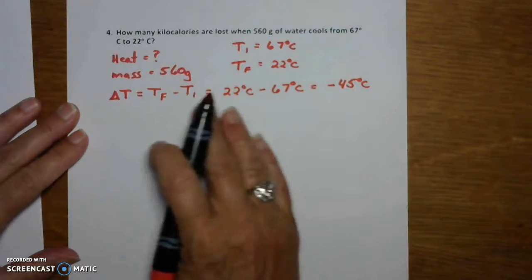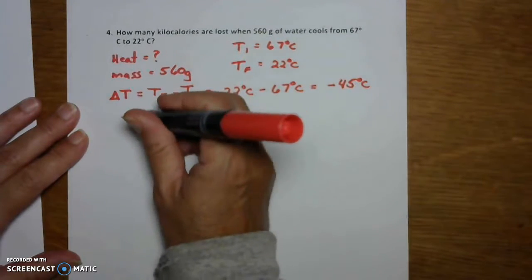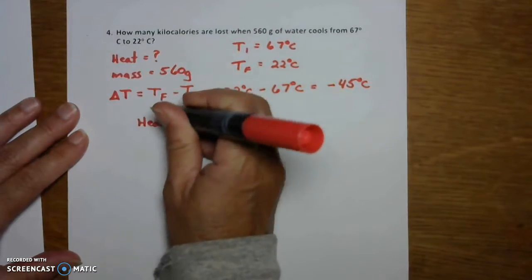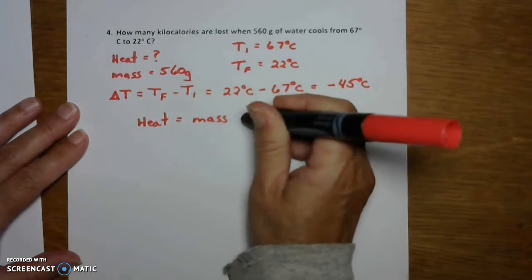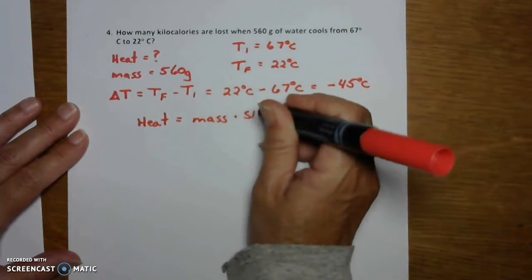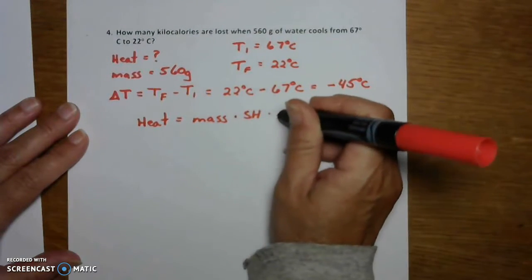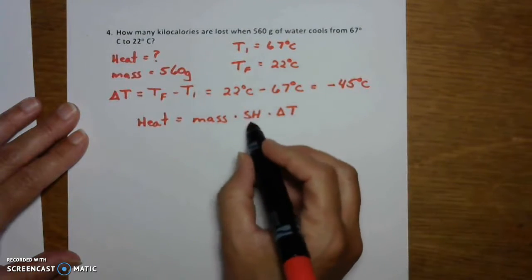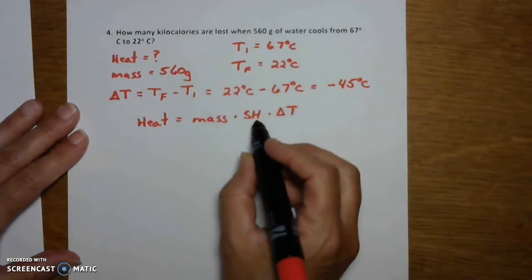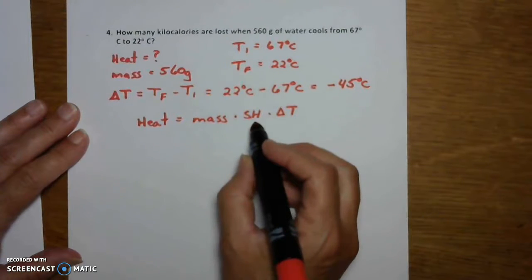The formula that we're going to use for this problem is that heat is equal to the mass times the specific heat times delta T, the change in temperature. Okay, we don't have the specific heat. That wasn't given to us in the problem.